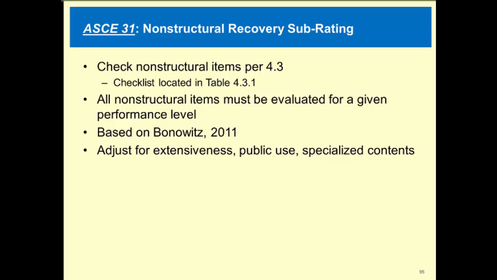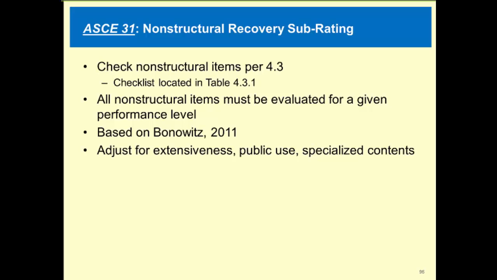Moving on to the non-structural recovery subrating, we move on to section 4.3. This has a different table, table 4.3.1. The non-structural items are shifted around in this table, so you can't use the table that was listed in the repair cost for the non-structural items. Again, all non-structural items must be evaluated. This translation was based on the work by David Bonowitz.